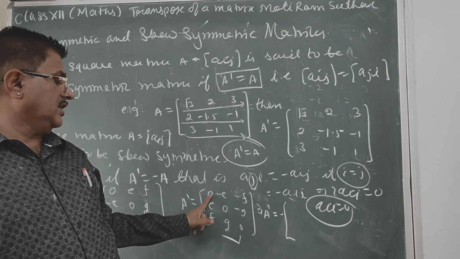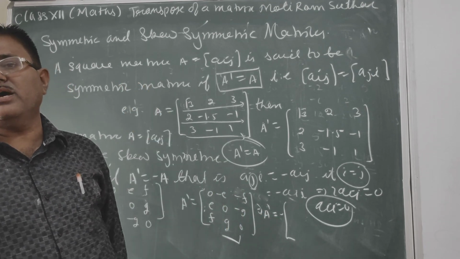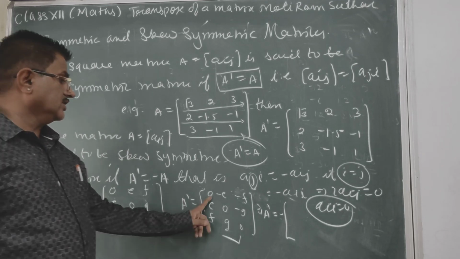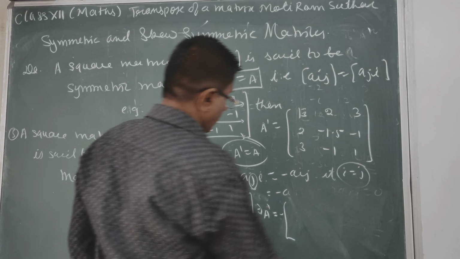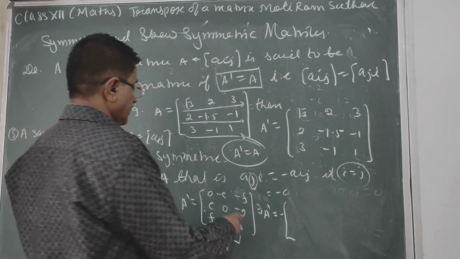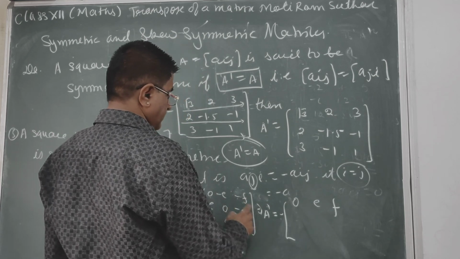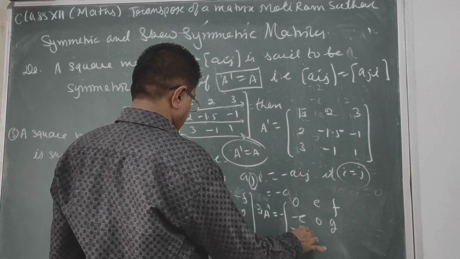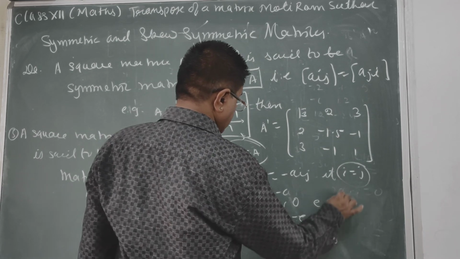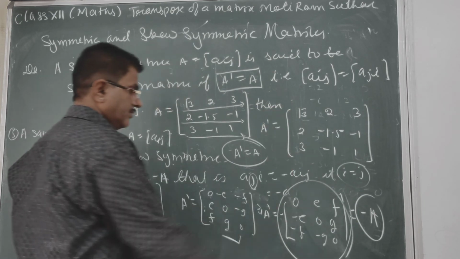So from each element we take minus, it means each element will get multiplied by minus. तो हर एक के साइन चेंज हो जाएंगे. So this will be derived in the form of A transpose: 0 E F, minus E 0 G, minus F minus G 0. So you can say this is the value of matrix A.